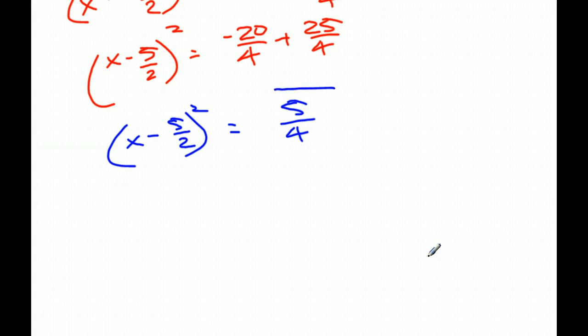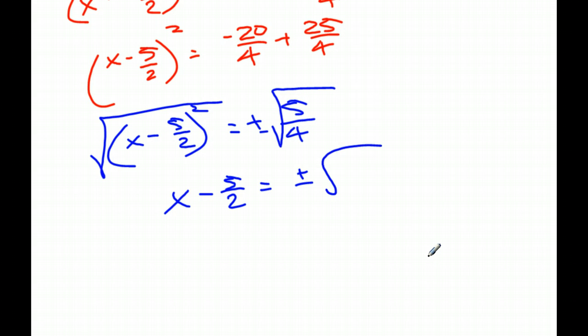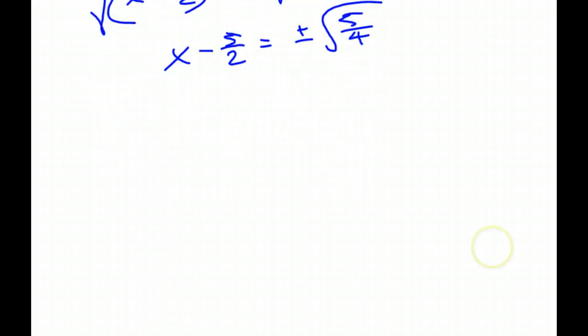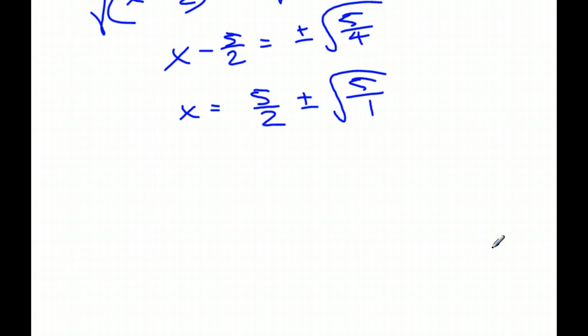Now you square root them both. Don't forget your plus or minus. So x minus 5 halves equals plus or minus the square root of 5 over 4. Now what? x equals 5 over 2 plus or minus the square root of 5 over 4.